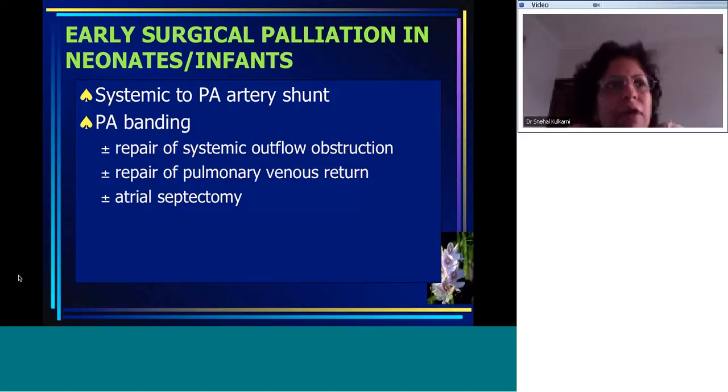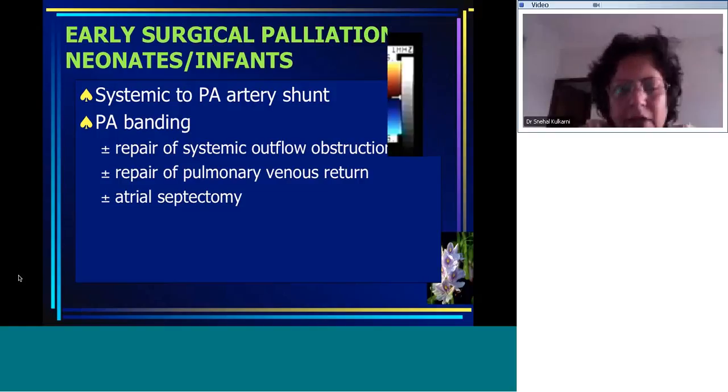We sometimes have situations like mitral atresia, double outlet right ventricle with excessive pulmonary blood flow. So even if you do pulmonary artery banding, it will cause you a systemic outflow obstruction mainly because your interatrial septum is very restrictive. So we have to do a wide atrial septectomy in patients with these situations in addition to pulmonary artery band.